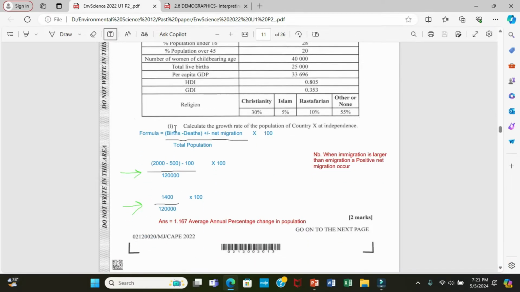Now the first question here says calculate the growth rate of the population of country X at independence. Of course, the growth rate is basically the change in population size of a country.